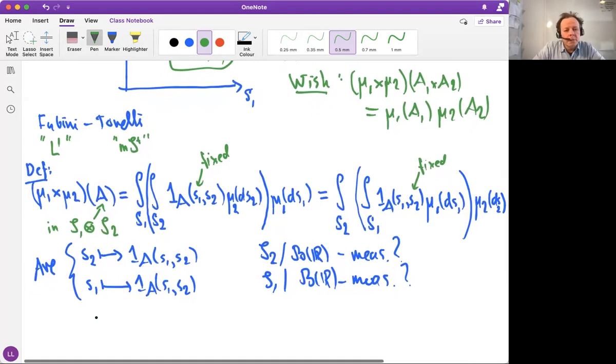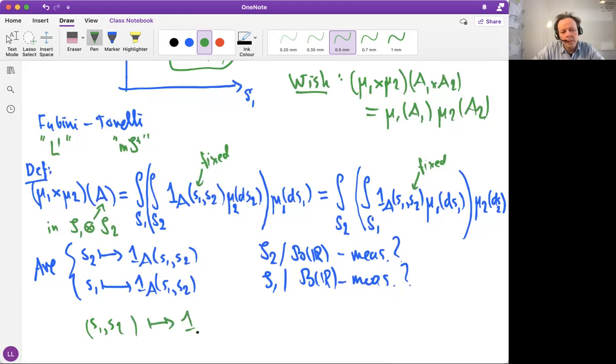If I give you any set A, which is in the product sigma algebra, then of course this one, if you take this pair, now it's mapped into indicator S1, S2. So this one is of course measurable because indicators of measurable sets are measurable. But that does not immediately imply that these other maps are measurable functions. So if you want to be careful, you need to be careful.